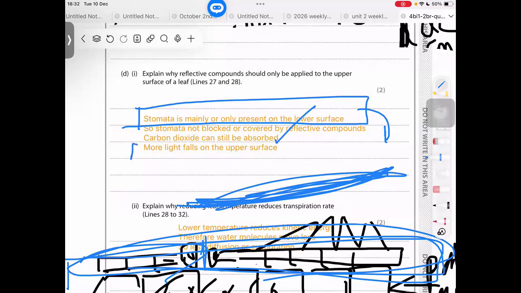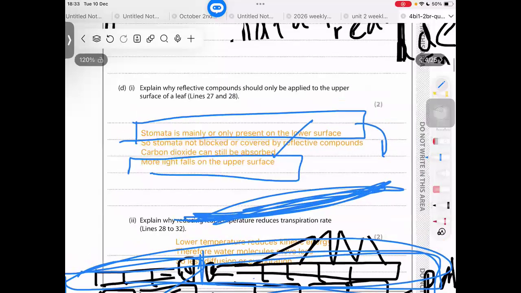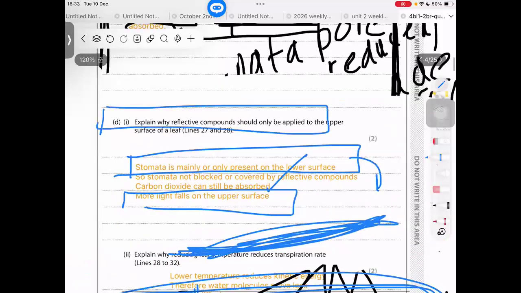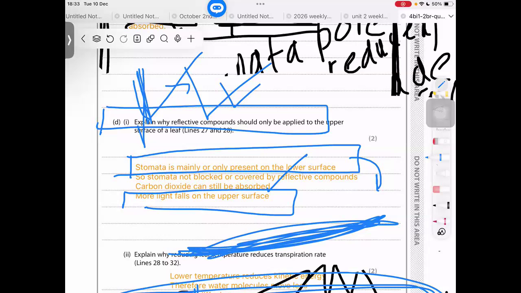And you can see more light falls onto the upper surface, right? That means these reflective compounds are there to make sure that the light does not damage the cells. Sometimes the harmful rays in the light, for example, UVA, UVB, could actually damage the interior of the plant. To make sure that they won't damage it, we are basically applying reflective compounds. We also apply it as a means of anti-transpirant as well, right?